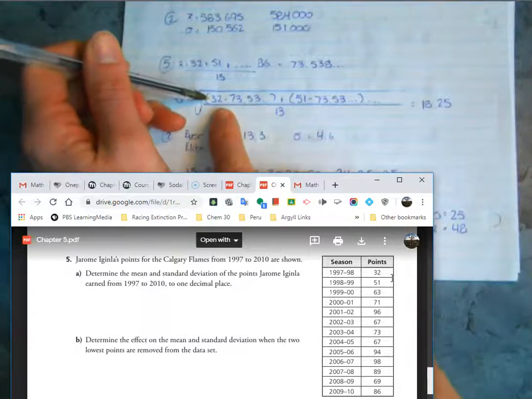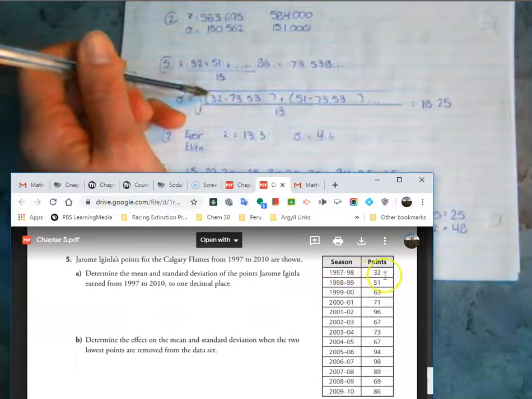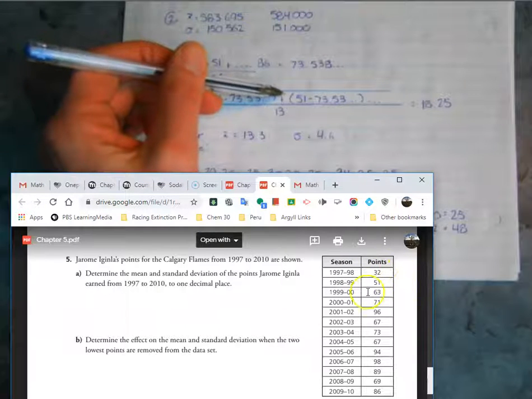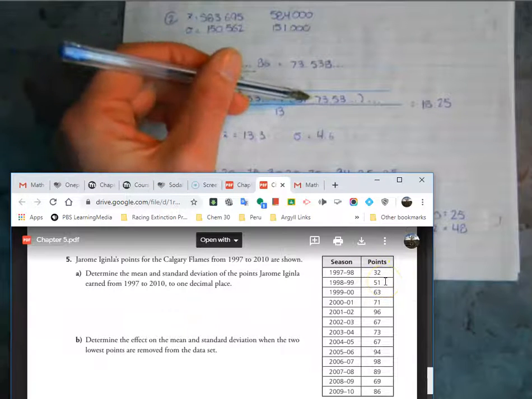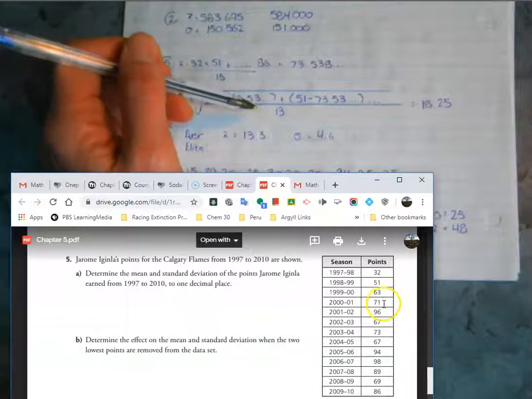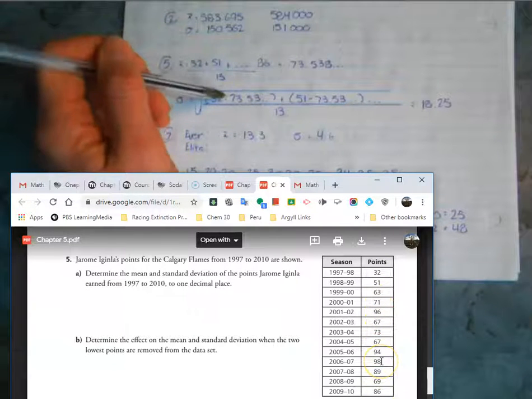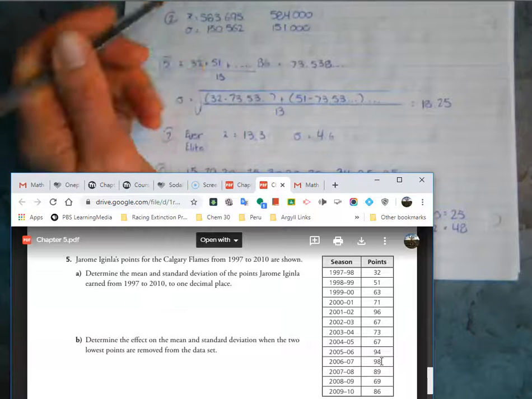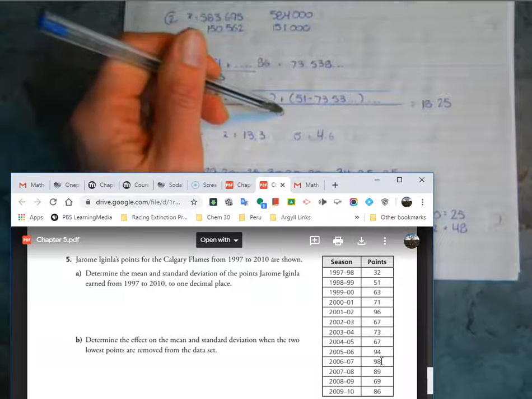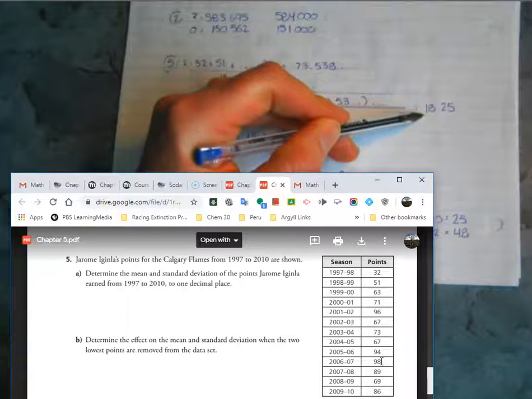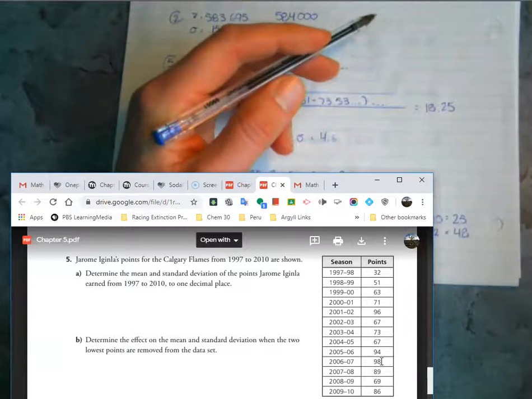You would start with 32 minus the average, then 51 minus the average, 63 minus the average, 71 minus the average, 96, etc., all the way down the list. Then you add them all together and divide by the number of data sets, which was again 13, and that gives you a standard deviation of 18.25.